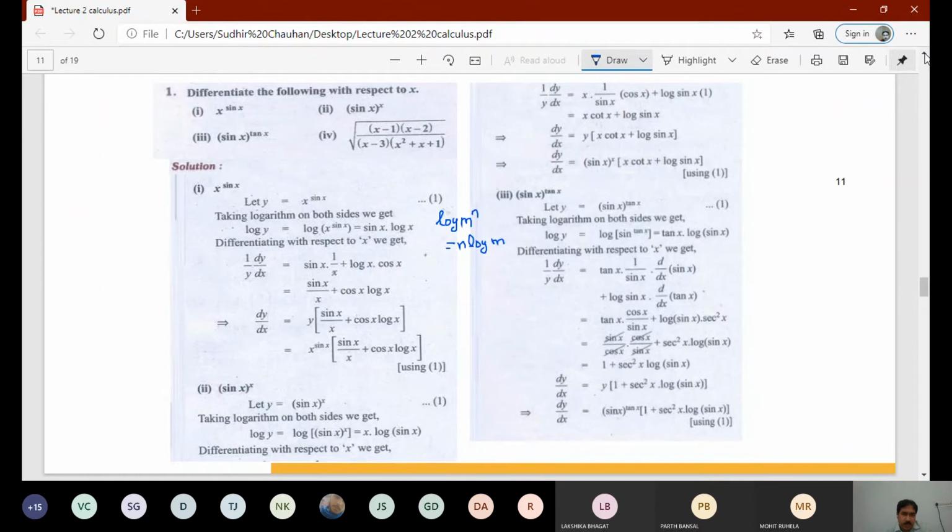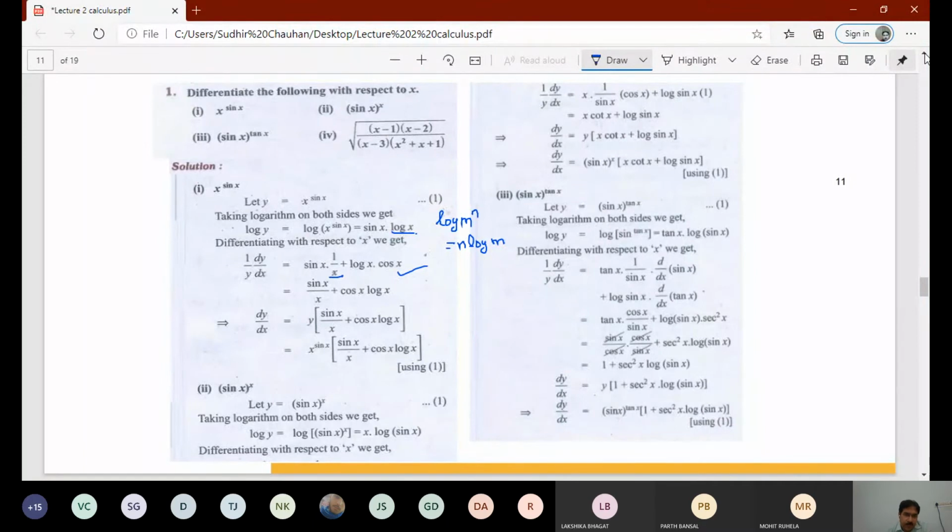Now we can differentiate. So log y differential is 1 upon y dy by dx. And now we have two functions, so we'll apply the product rule. Sin x remains the same, and we first differentiate log x with respect to x. So differential of log x is 1 by x. Next time log x will remain the same and differential of sin x is cos x.